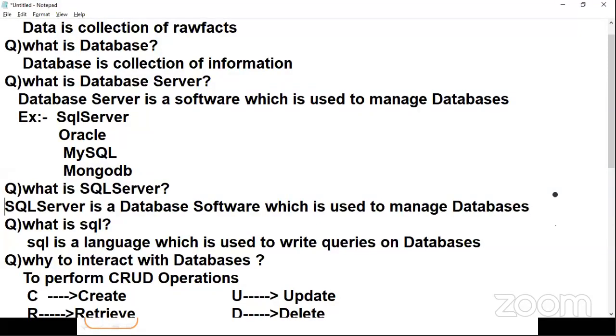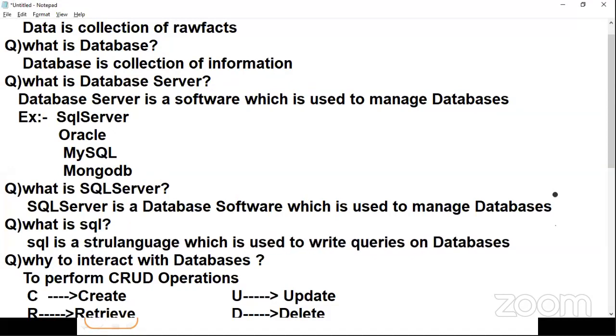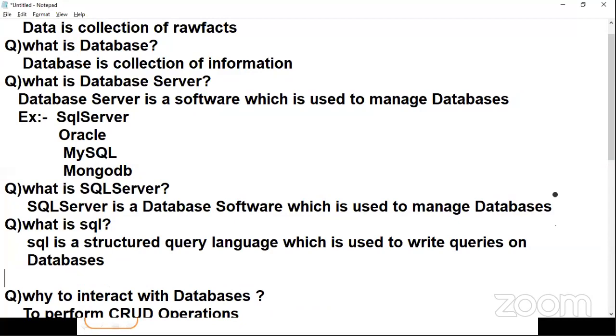Now, what is SQL? SQL is a Structured Query Language which is used to write queries. Next, I will ask one more question.